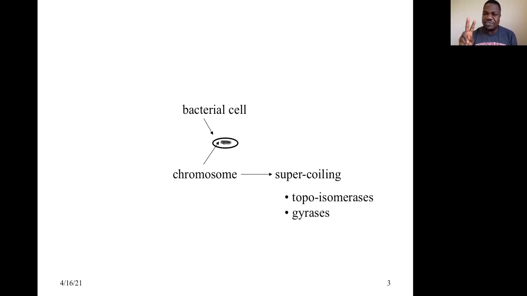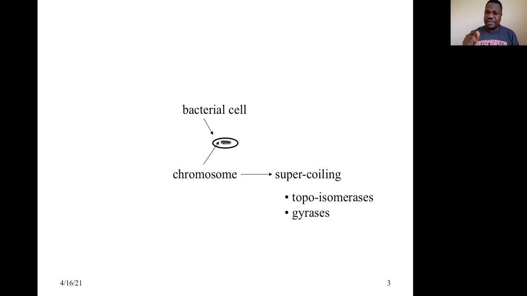There are two major enzymes involved in that mechanism of supercoiling of the DNA. One is the topoisomerase, and the other one is the gyrase. Very important to remember, because when we study some antibiotics, especially the fluoroquinolones, we will understand how they act.